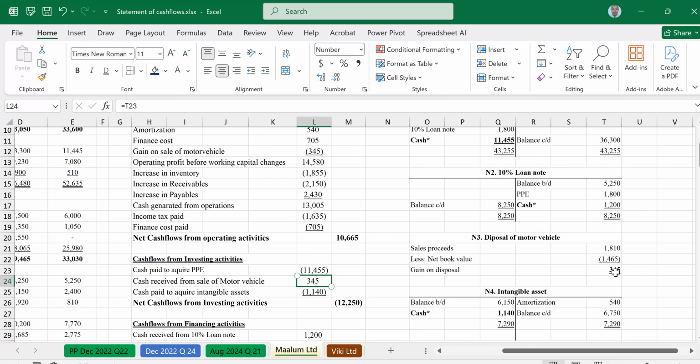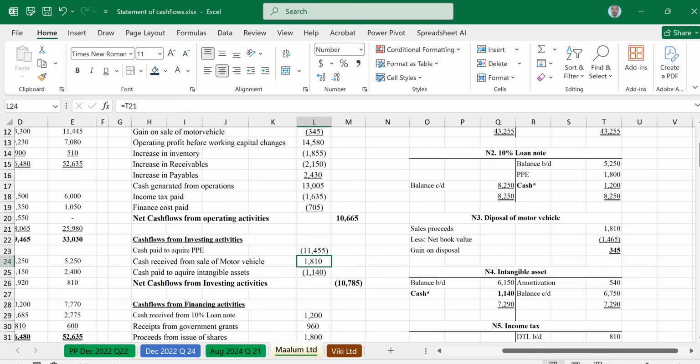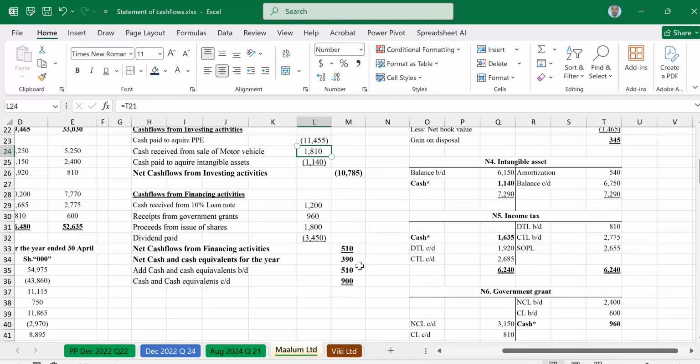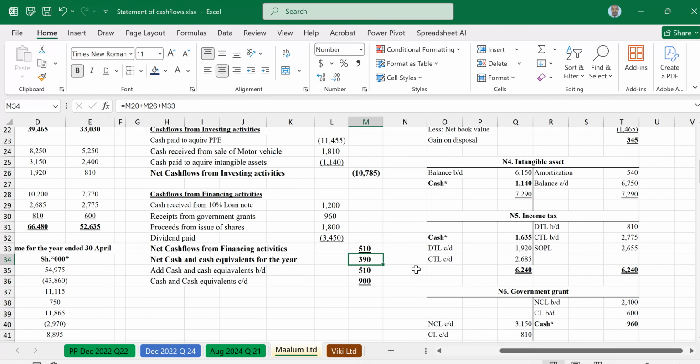So this one was wrongly placed. So that corrects that. Move down and now 390 plus 510 will be 900.